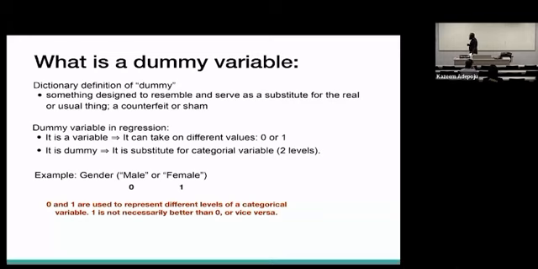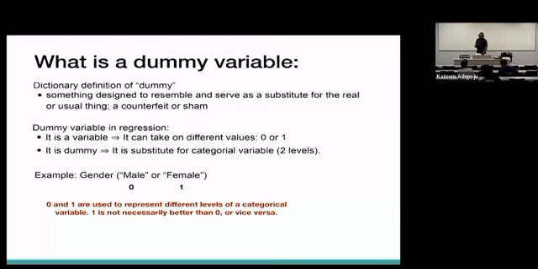What do I mean by categorical variable? The categorical variable is a variable with more than one level. An example of a categorical variable is gender, male or female. If I want to introduce a dummy, I can say I'm going to use 0 for male, 1 for female, or 1 for male, 0 for female.